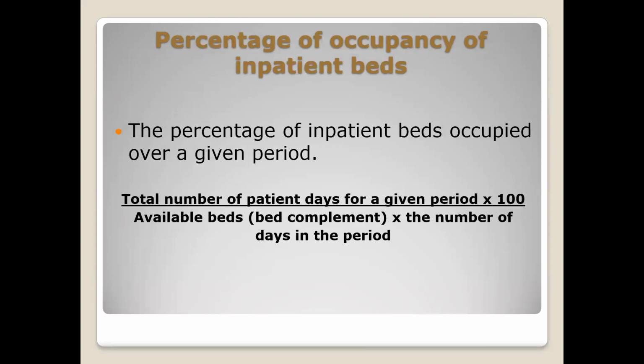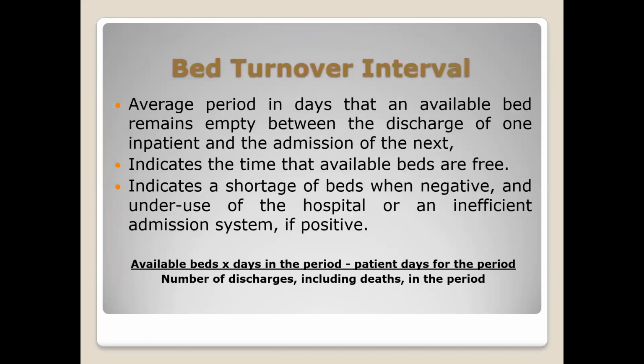Next, percentage of occupancy of inpatient beds. To calculate this, we use total number of patient days for a given period multiplied by 100 divided by available beds, that means bed complement, multiplied by the number of days in the period. Next, bed turnover interval.